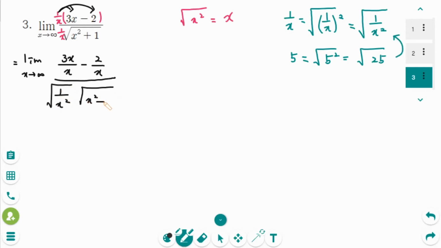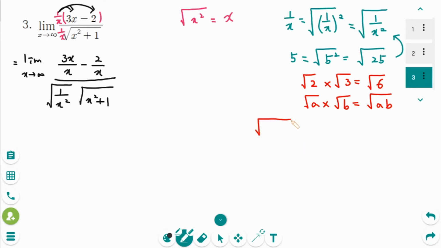So square root of 1 over x squared, then x squared plus 1. I want to expand this one. When you multiply square root of 2 times square root of 3, you get square root of 6. Similarly, you can use the formula square root of a times square root of b equals square root of ab.